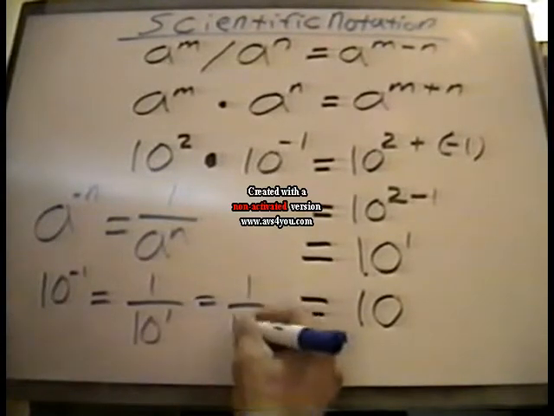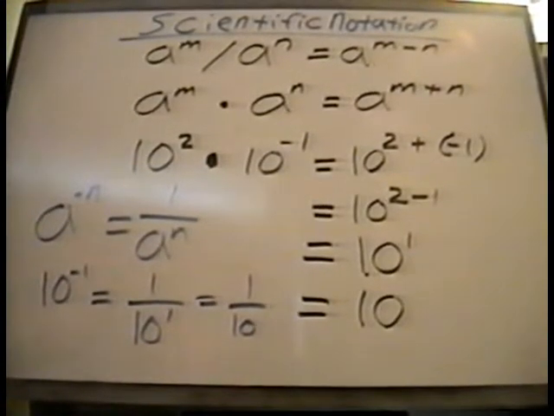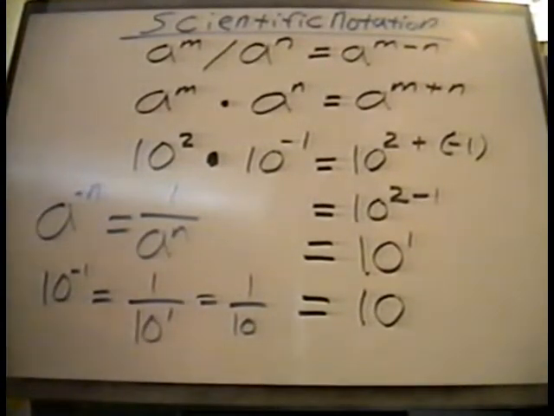So you're going to see that multiplying by a negative exponent is like dividing by its positive form. So now we have that established that 10 to the power of negative 1 equals 1 over 10.